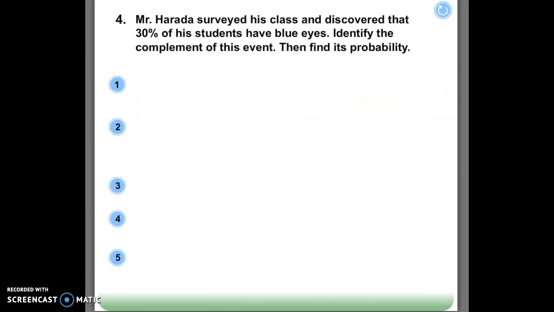All right, so our last example, and I know this is getting long, but it says, Mr. Hernandez surveyed his class and discovered that 30% of the students have blue eyes. We need to identify the complement of this event, so the opposite. The opposite of having blue eyes is not having blue eyes.